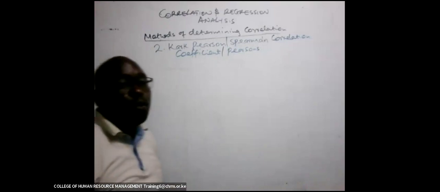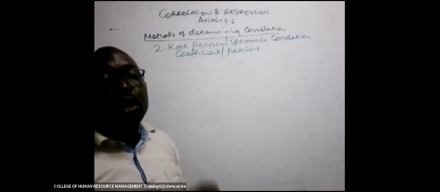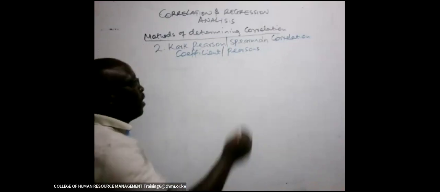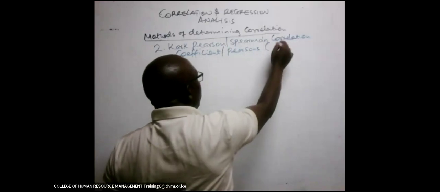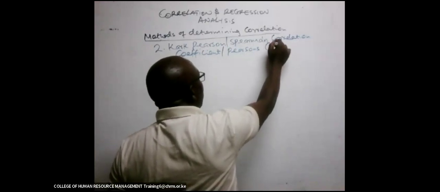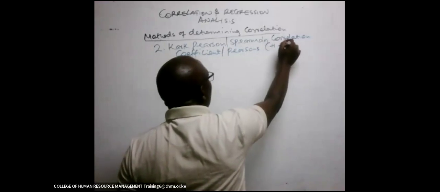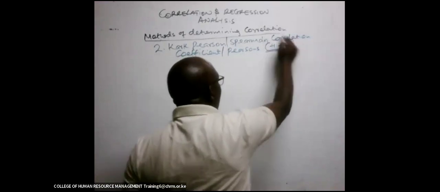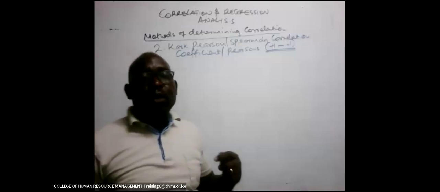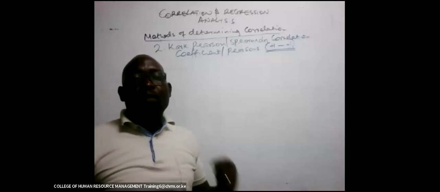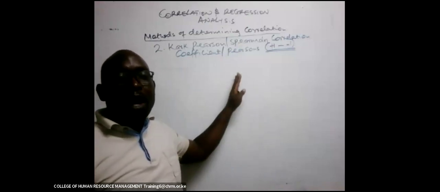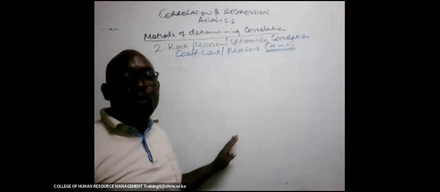In this case, we are determining the level of correlation through calculation. By calculation, your correlation should have values ranging from +1 to -1. The answer you get gives you the level of correlation, from the highest, perfect positive, to the lowest, perfect negative, and in between we have zero correlation.